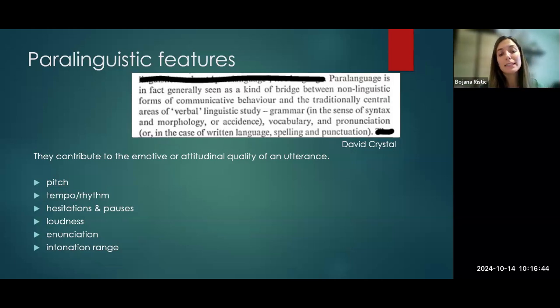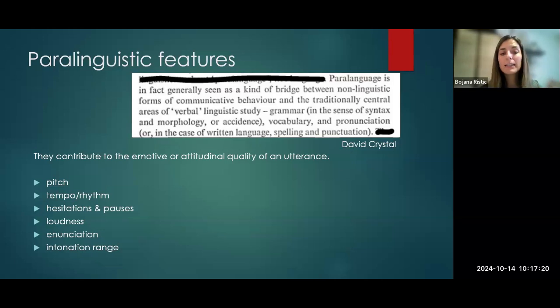These are the most, let's say, important paralinguistic features: the pitch of the voice or of the word, the tempo or the rhythm by which we are speaking, the hesitation and pauses that have to do with the tempo, the loudness of speech, the enunciation, and the intonation range, right? So these are all the features of our speech that carry a lot of meaning, that are not strictly speaking linguistic.